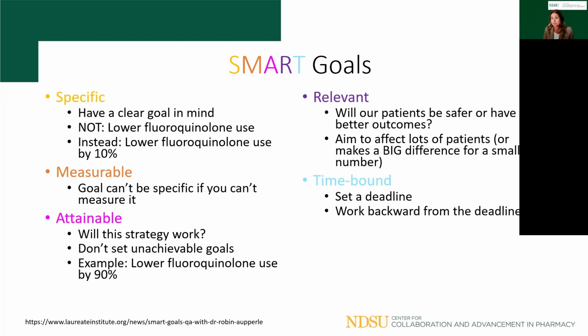Will your patients be safer, or will you have better outcomes with this goal? Try to aim to affect a lot of patients, or a really big change for a small number of patients. And then it should be time bound. So the SMART goal would be more like lower fluoroquinolone use by 10% in the next year. You want to have a deadline, and sometimes you can work backwards from that deadline when you're setting up an intervention.